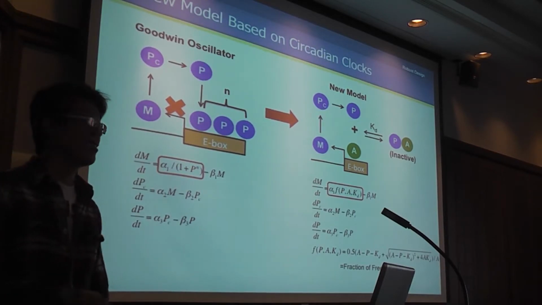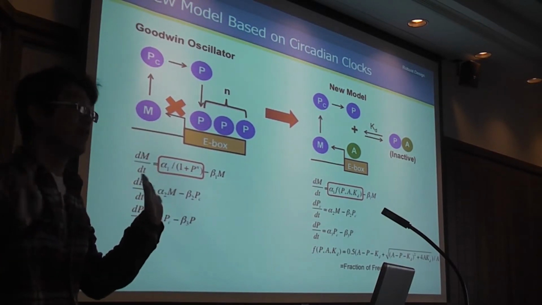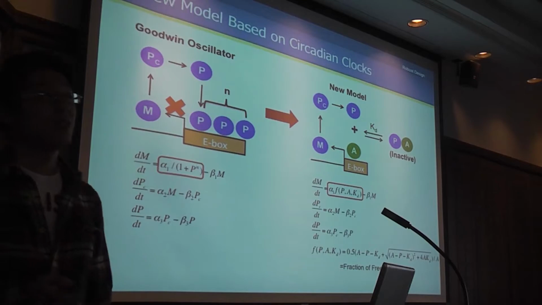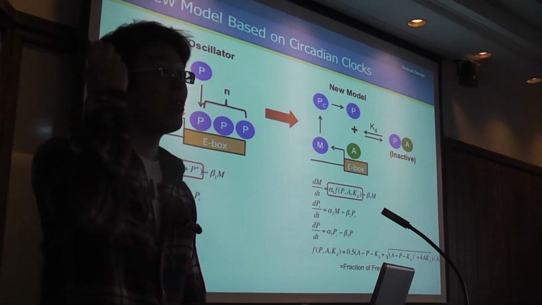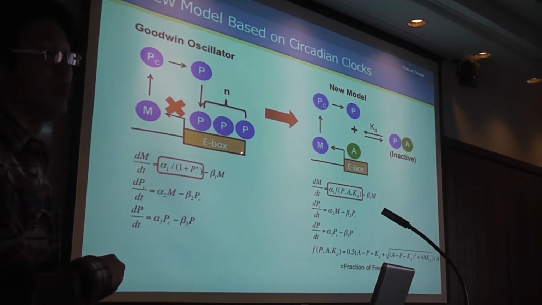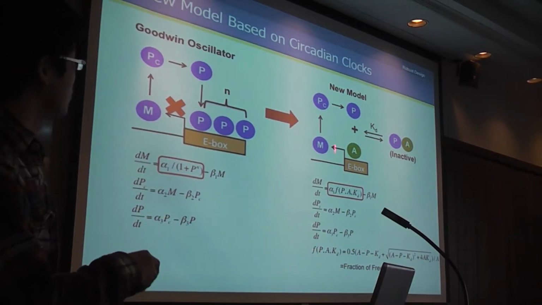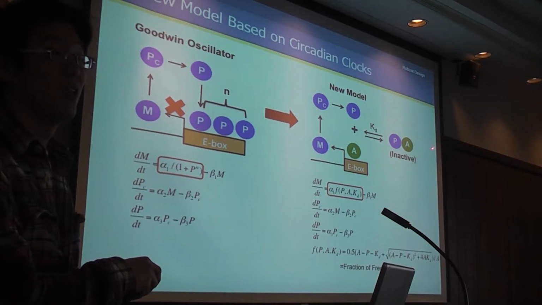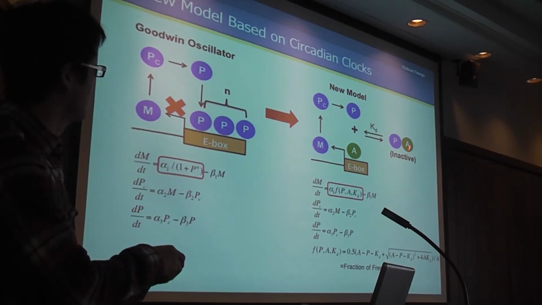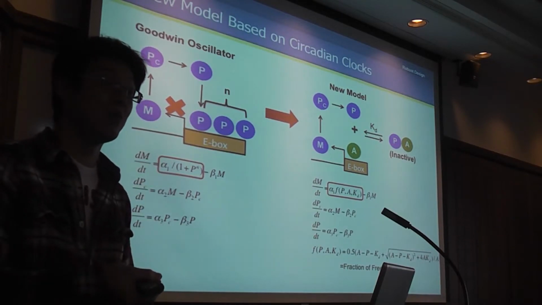All of the previous studies actually used somewhat different models, but all of them are based on this Goodwin oscillator or this Hill type equation. But what I noticed is that in the natural circadian clock, the repression mechanism does not work in this way. They use this protein sequestration. So in the natural circadian clock, they use protein sequestration to generate the negative feedback loop.